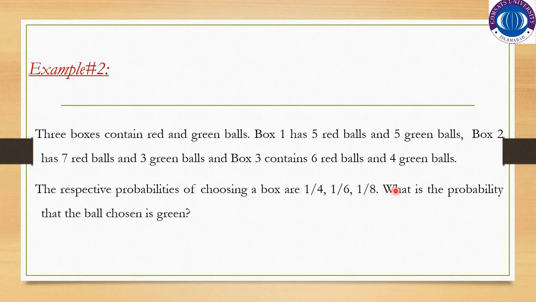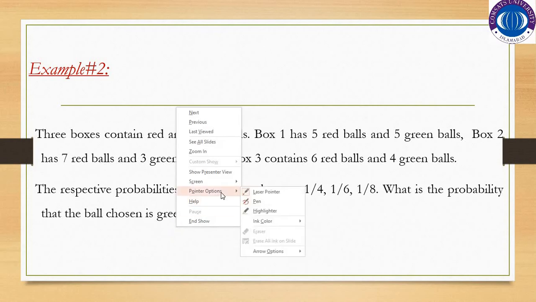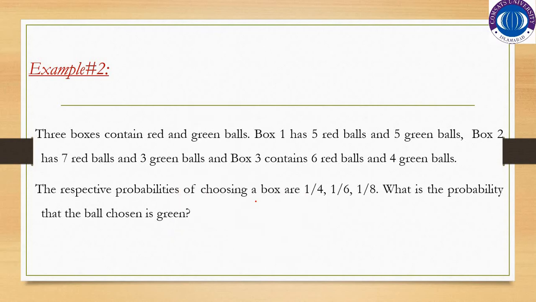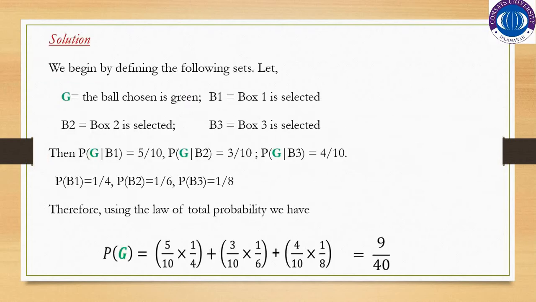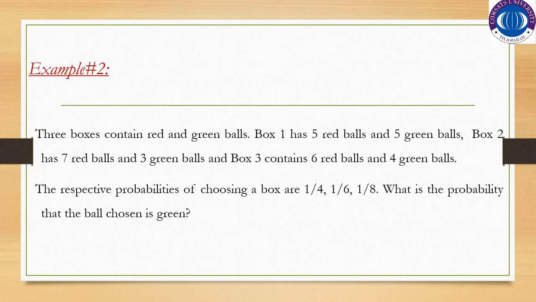What do we have to do? What is the probability that the ball chosen is green? We have to find the probability that the chosen ball is green. Now, if we see the scenario here, we have 3 boxes, again box 1, box 2, box 3.